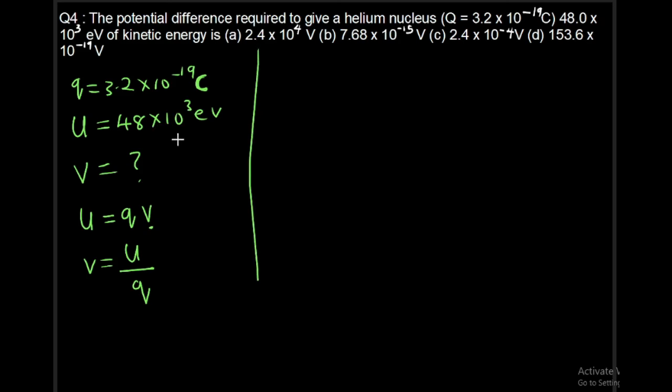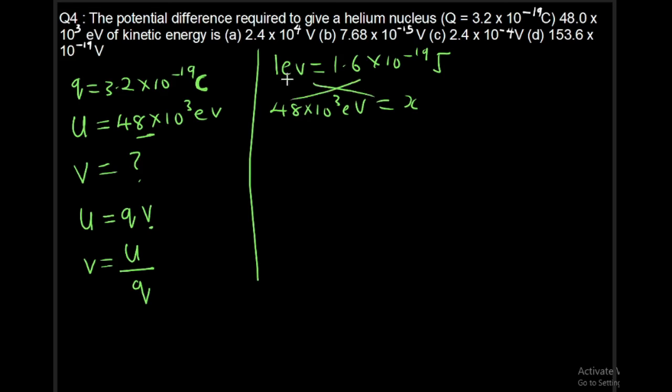So to convert energy to joules, we simply say 1 electron volt equals 1.6 times 10 raised to the power minus 19 joules. This is the standard, and this is what we want to convert. So say 48 times 10 raised to the power 3 electron volts is equal to X. So cross multiply. X times 1 will give us X equals the whole of this times this.